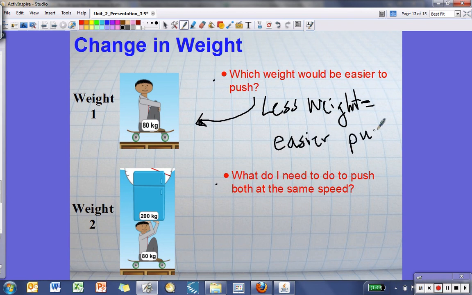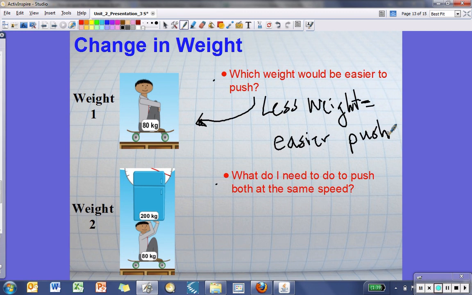And I think that should be pretty obvious, right? If you just pulled your chair, and then I put 100 pounds on there, which one would be easier to pull? Obviously it would be harder to pull the 100-pound one.